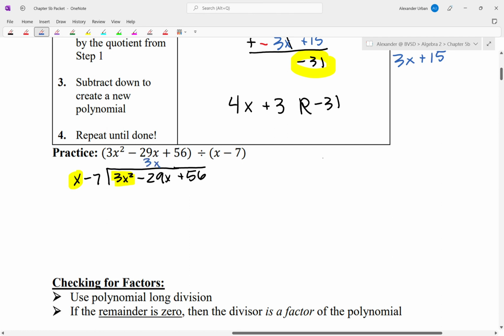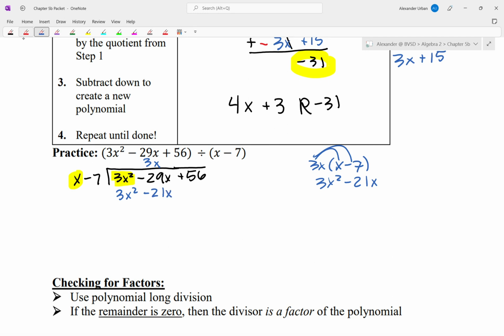So I'm going to take 3x times x minus 7, and I'm going to distribute it, and I should end up with 3x squared minus 21x. I am going to add the opposites, so the 3x squared becomes negative and the 21 becomes positive, and I'm going to add down.